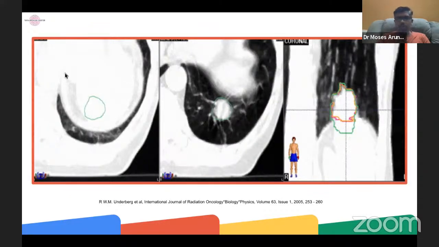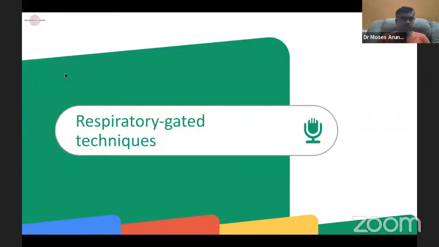Another limitation could be that for a lower lobe tumor, if you acquire a full day CT scan, and you are thinking of doing an encompassing technique, when you do it on a MIP image, you can see that it goes onto the liver, because it is difficult to differentiate between where the tumor is ending and the liver is starting.